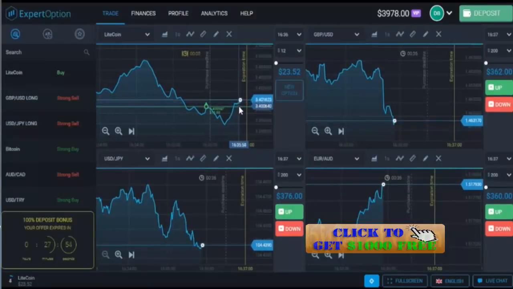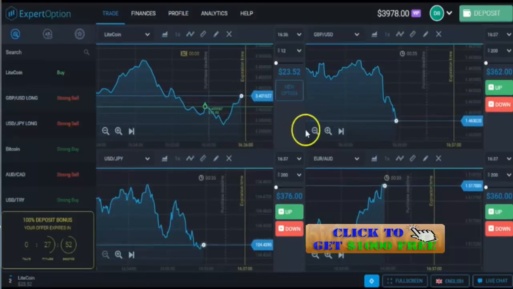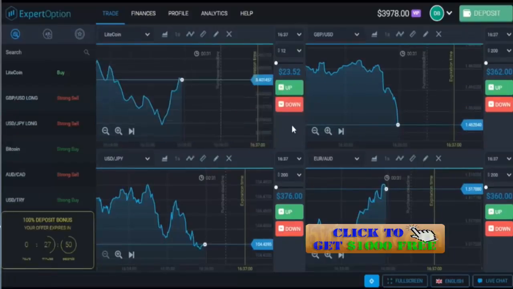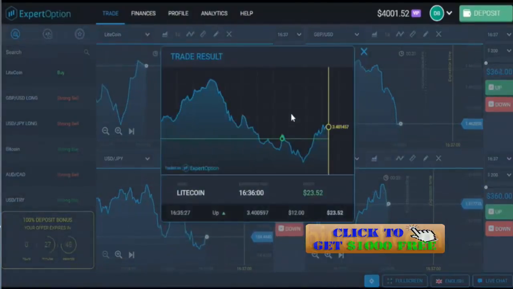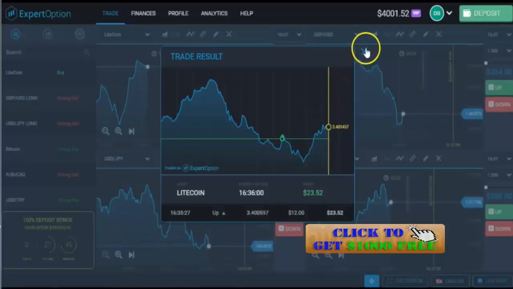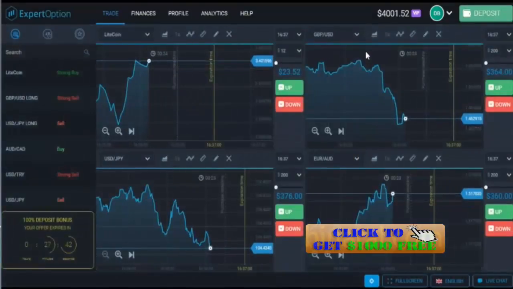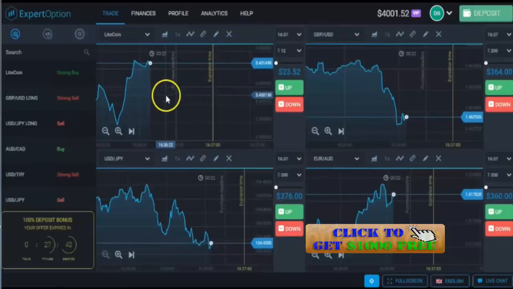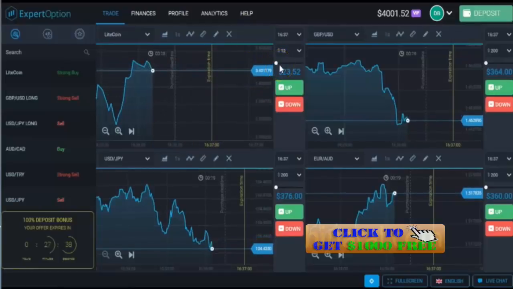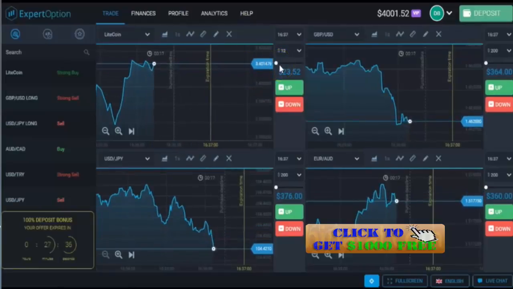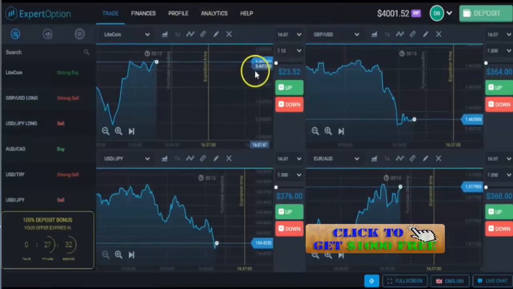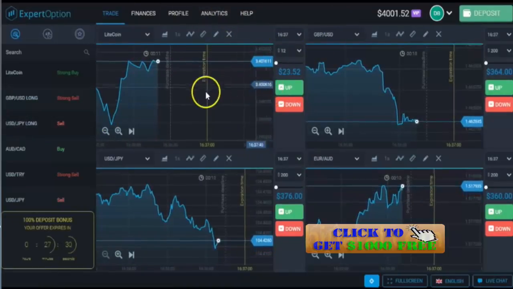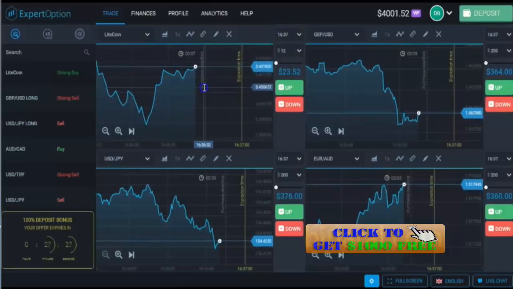If you lose that one, next time you make a bet of $625. So 2.5 times bigger each time. And once you win any bet, you will cover all your previous losses and get into profit. So after that, you better go back to your very first initial bet of $100.